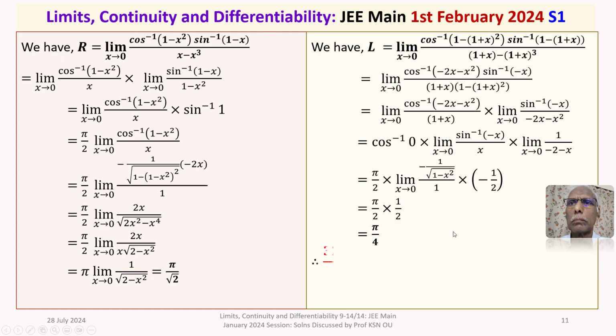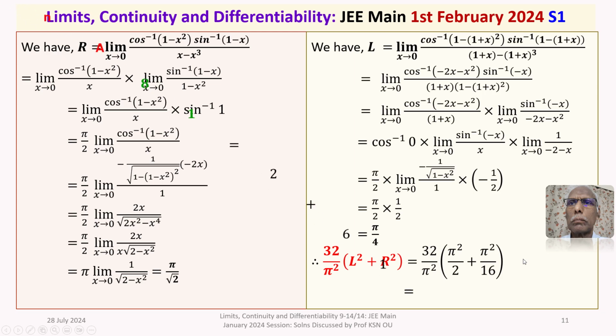What is that we want? We want 32 by pi square into (L square plus R square). And that is equal to 32 by pi square multiplied by [pi by root 2 whole square, that is pi square by 2, plus pi by 4 whole square, that is pi square by 16], and simplify, you will get 16 plus 2, that is 18.